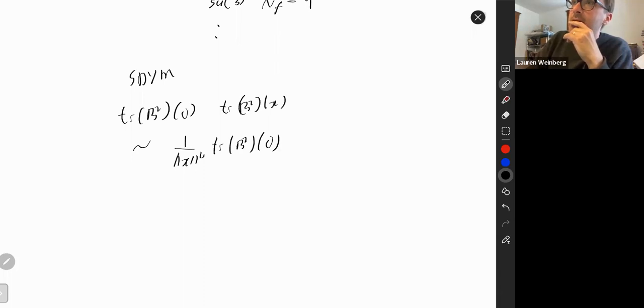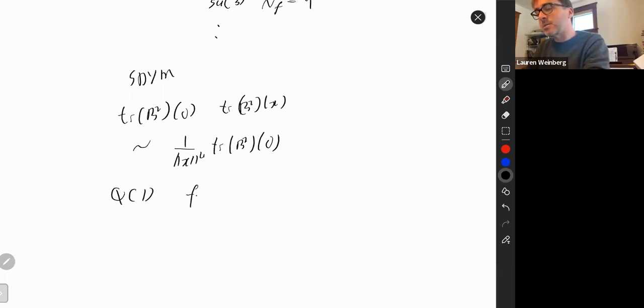Because suppose I was to look at the form factors, for example. Suppose for some random reason, I'm interested in the QCD form factors of trace of b to the 20.